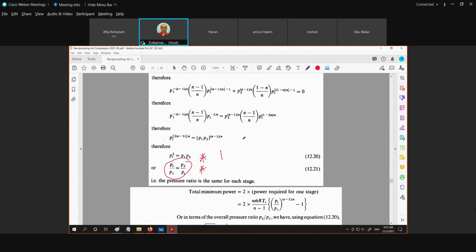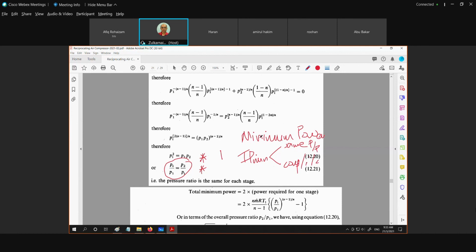So, untuk minimum work ataupun minimum power, which is IP minimum untuk multistage punya case, kita kena fulfill dua ciri, iaitu same pressure ratio dan complete intercooling. Okay, itu keadaan dia.